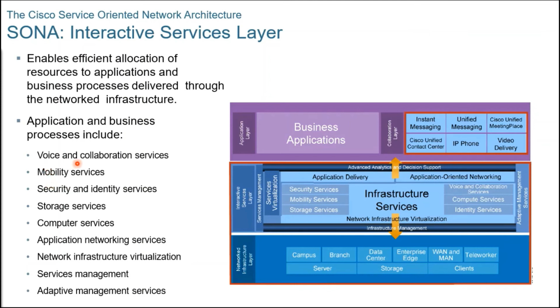You've got voice and collaboration services, okay, mobility services, wireless services, security and identity services, storage services, computing services, application networking services, content networking services, network infrastructure virtualization, adaptive network management services. The quality of service is an important thing here, QoS, and of course the high availability.